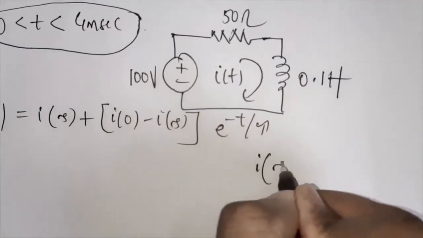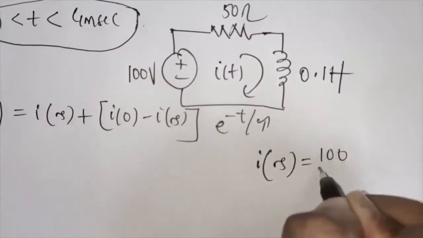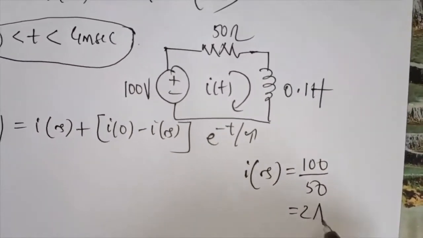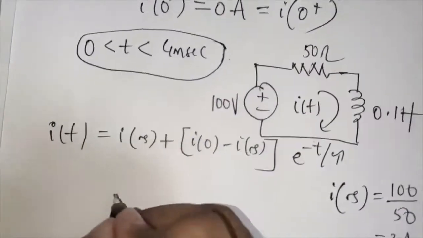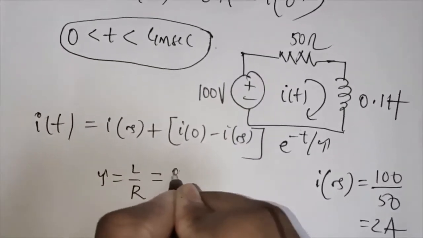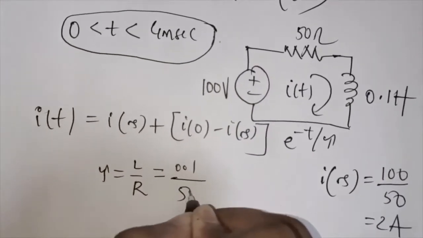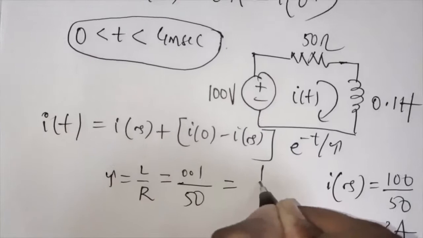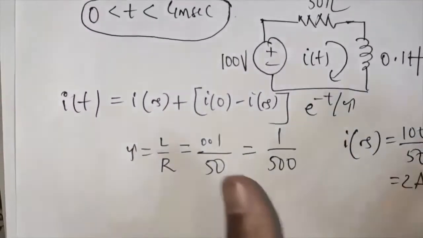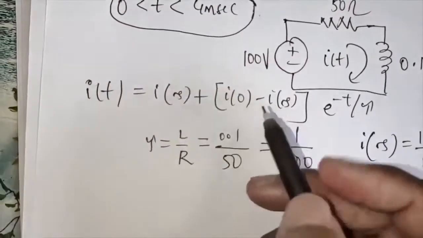So I of infinity will be 100 divided by 50, which is 2 amps. And tau is nothing but L by R. L is 0.1 and R is 50, so tau is 1 by 500.